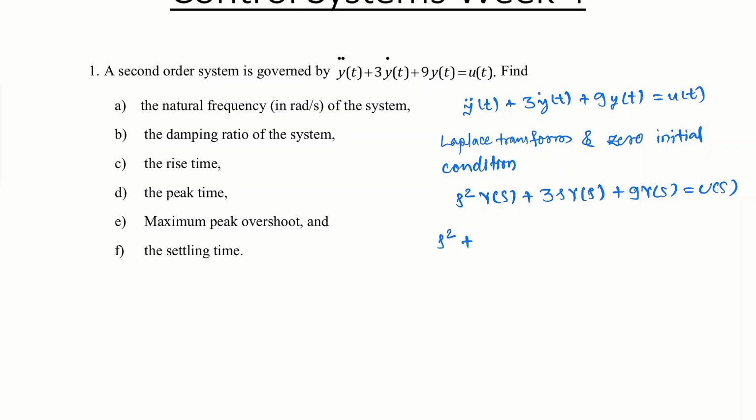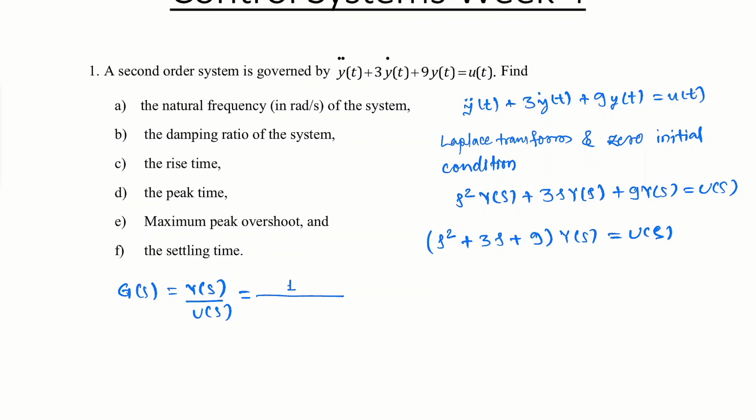So taking y of s common, results into this. So the transfer function, say g of s, is y of s over u of s, which is 1 over s square plus 3s plus 9.